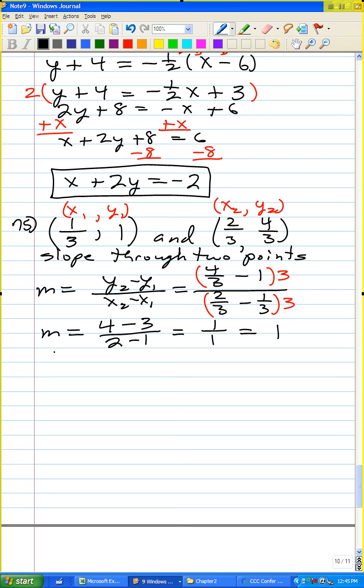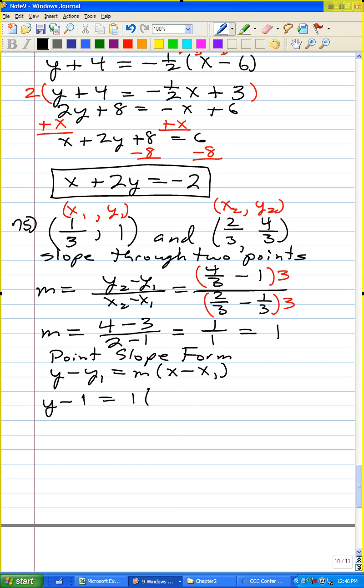So now I'll use the point-slope form for the equation of a line. So y minus y1 equals m times x minus x1. And so y minus y1, 1, equals m, 1, times x minus x1, 1/3.